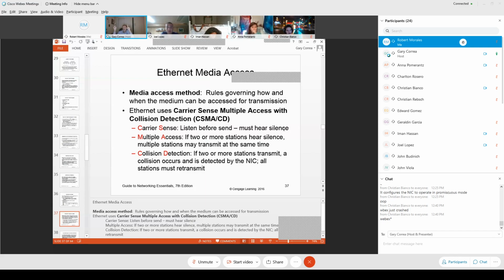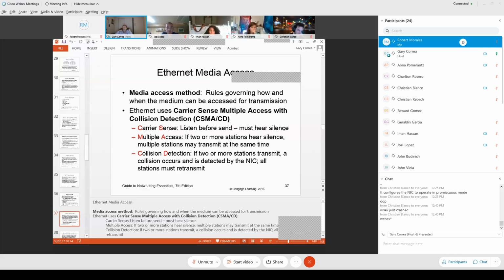That would be a royal screwing, except for one thing. There's a mechanism to detect that collision and tell each NIC card that the last thing you sent crashed. You're going to have to resend it. The collision detection is the ability to detect the collision and have the NIC card resend it so you don't lose that frame.